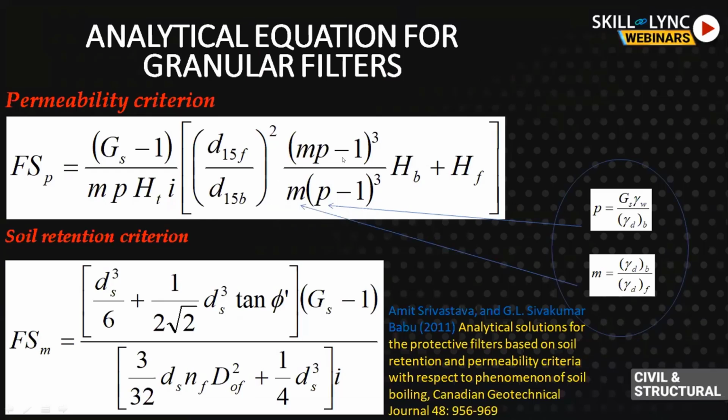You can see all the basic geotechnical parameters like specific gravity of soil, unit weight of base material, unit weight of filter media, thickness of the base soil, thickness of the filter media, D15F, D15B values, and existing hydraulic gradient. All these things are taken into consideration.